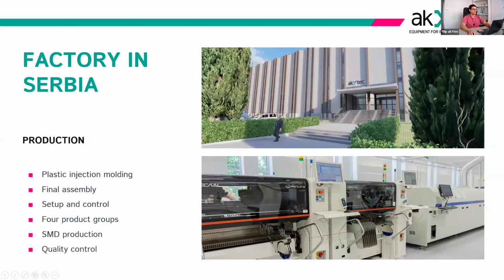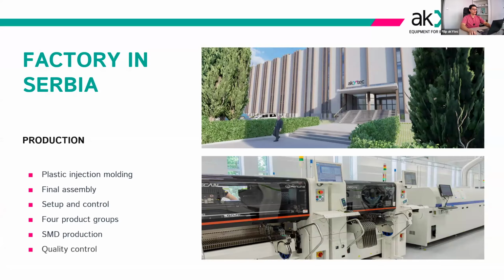This is our production site in Serbia, and it is a key part of our success. Here we perform plastic injection molding, SMD assembly, final assembly, and setup and quality control for all of our devices. We currently manufacture 4 main product groups, covering everything from panel indicators to controllers and communication modules.